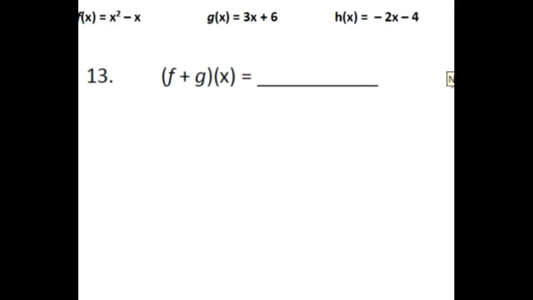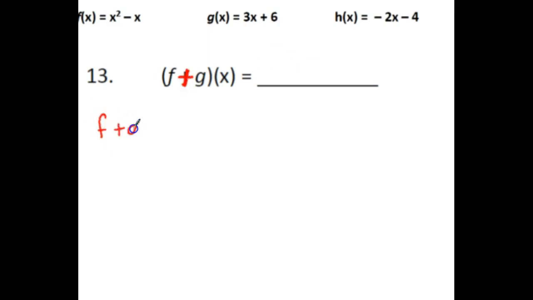On problem number 13, what does that mean? f plus g of x. That's how you say it, f plus g of x. It means you do what to both equations? Add them.